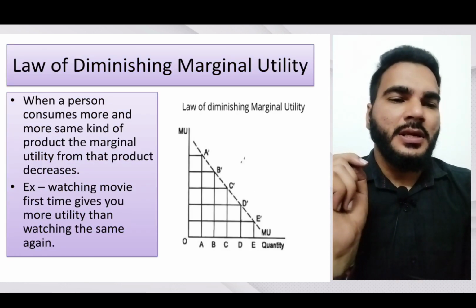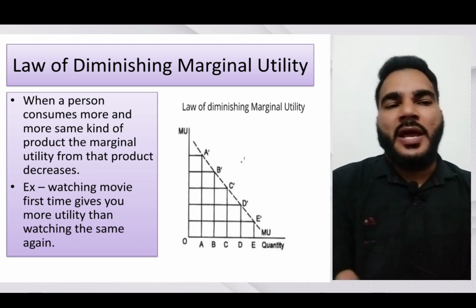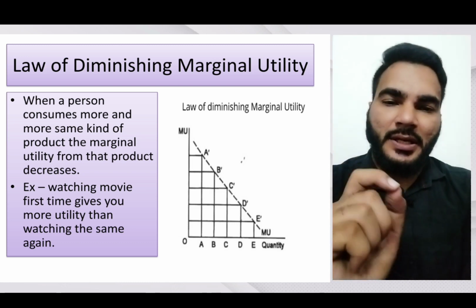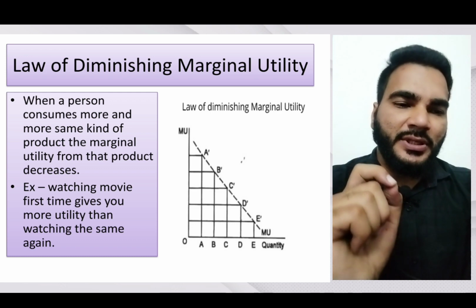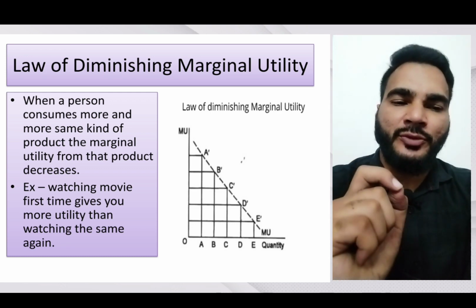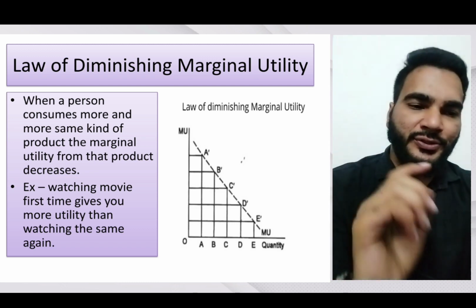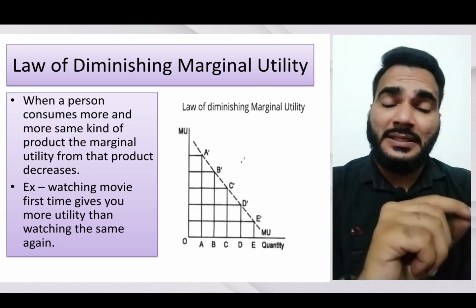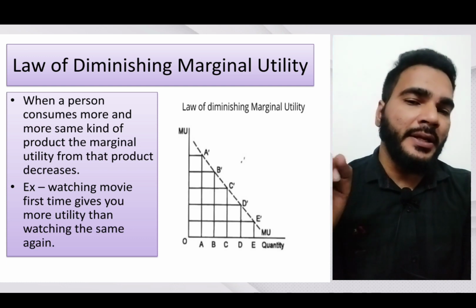Now the next slide. Then we have the law of diminishing marginal utility. What it says is, when a person consumes more and more of the same kind of product, the marginal utility from that product decreases. As you can see, the curve is the same as the curve we had in demand.